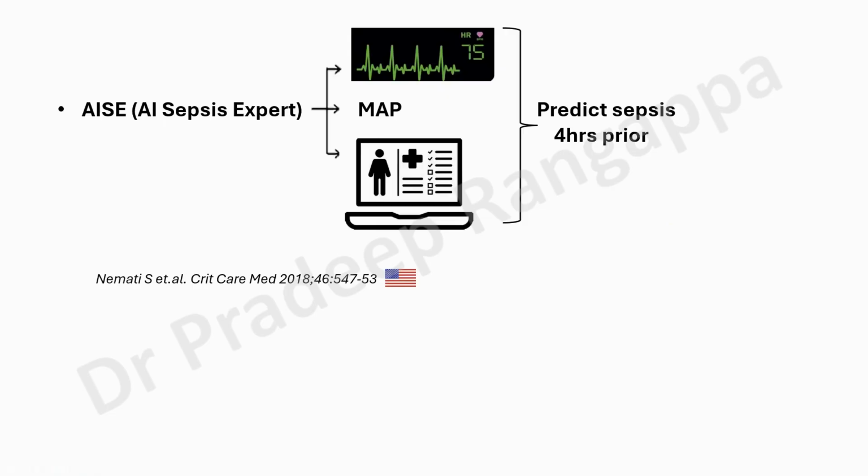Another important thing is to see whether AI performs better than the conventional scoring tools to prognosticate. And the third thing they're looking at is whether AI has the ability to pick up sepsis early, even before a clinical diagnosis is made.